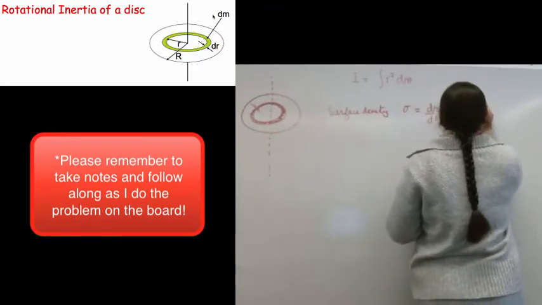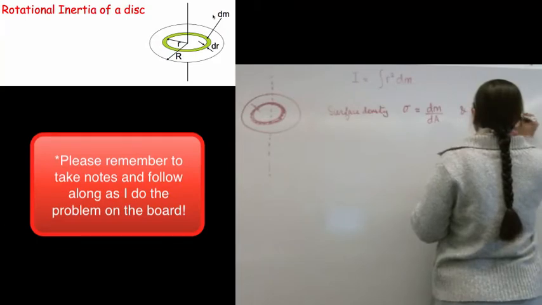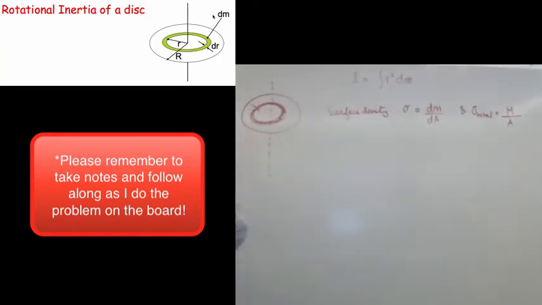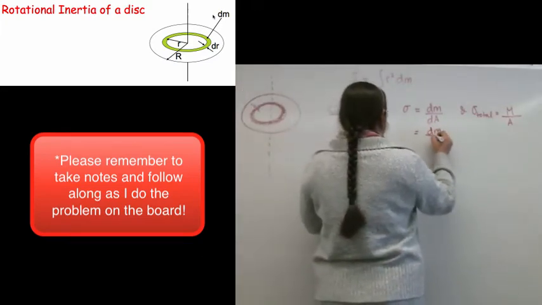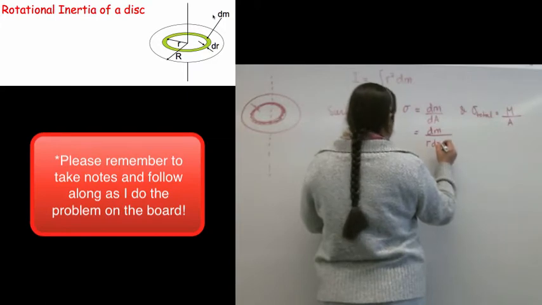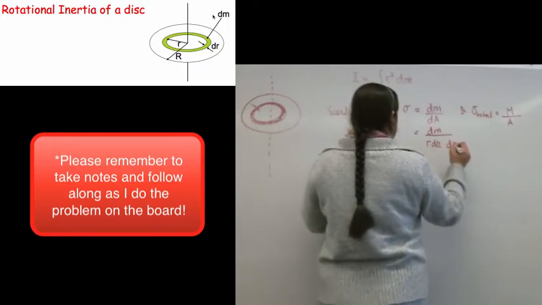And sigma total will be the total mass of the object divided by the total area of whatever object we are looking at. Now in this case, the dA is going to be slightly different. So dA, for our purposes, is going to be r dr, or r dz, whatever you want to call it, and d phi, d theta.